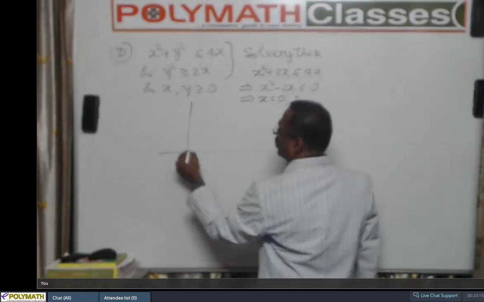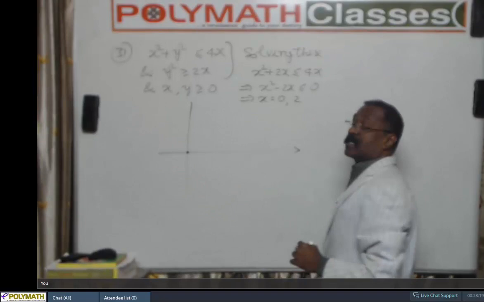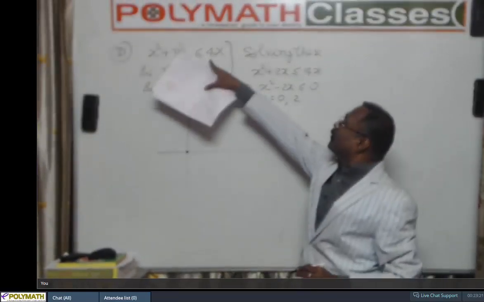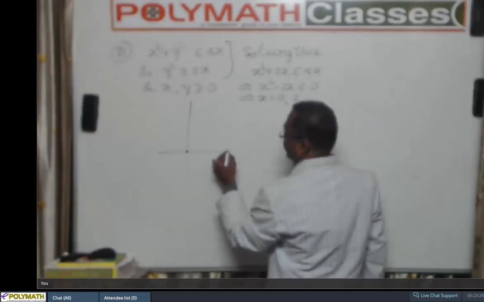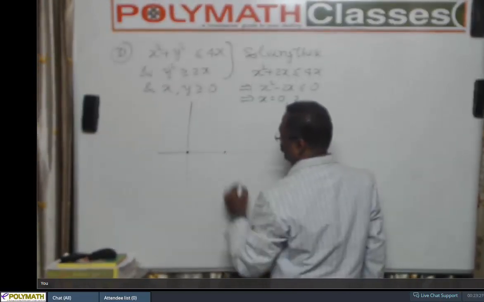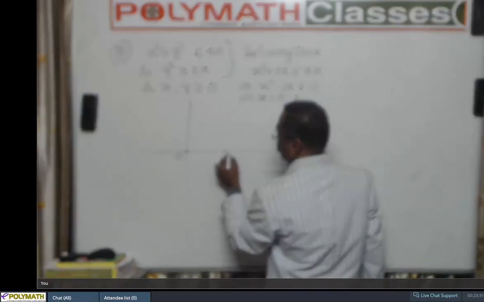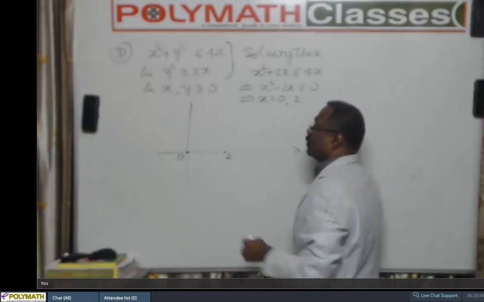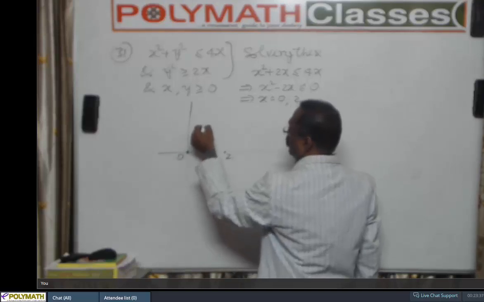Now, you can see the circle x² + y² − 4x = 0, the center is (2, 0). Let me take this as 2 and (2, 0) as the center, and the circle will go like this.